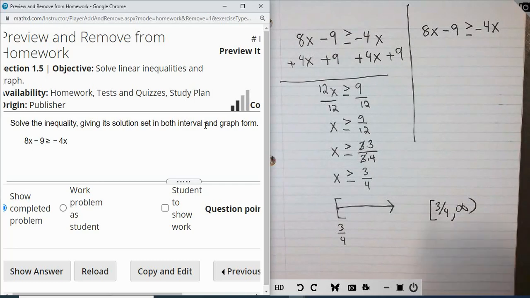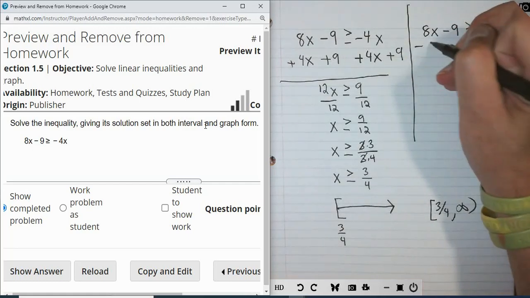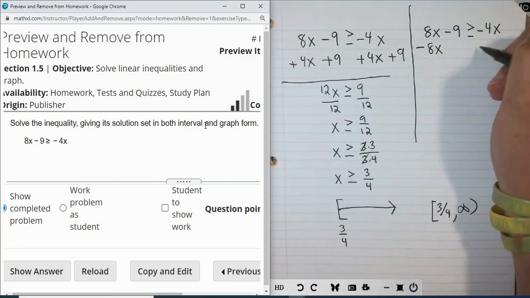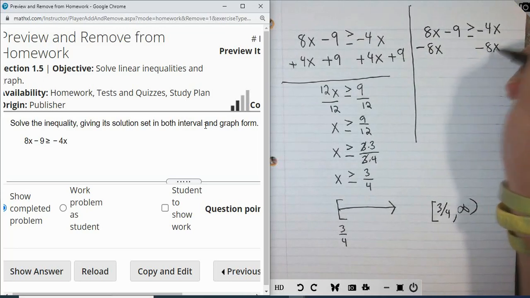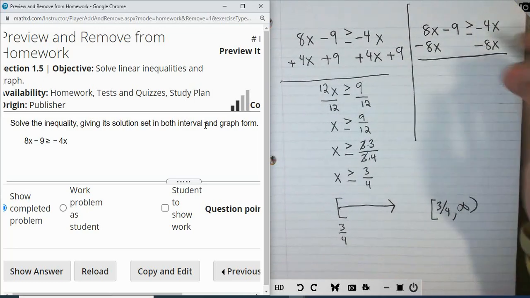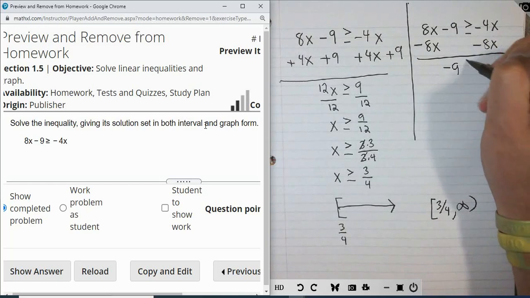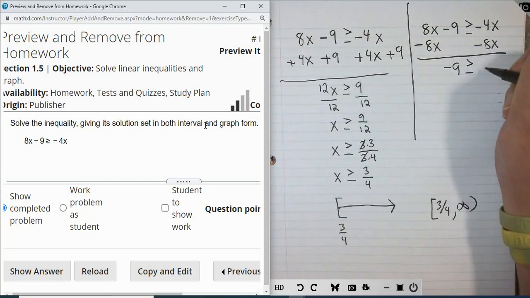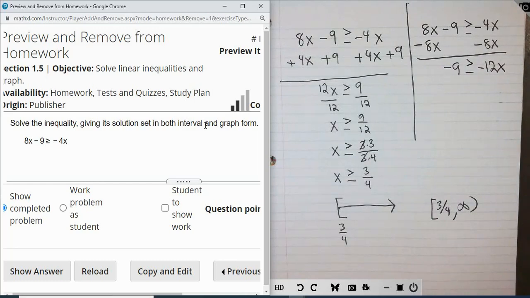And now, as I said, I wanted to show you a couple of ways of doing this. But if you end up working it in this other way, there's a couple of things you definitely need to remember. For example, let's say for whatever reason you decide to subtract 8x from both sides first. So you've got negative 9 greater than or equal to negative 12x, all right? So something's going to happen here.